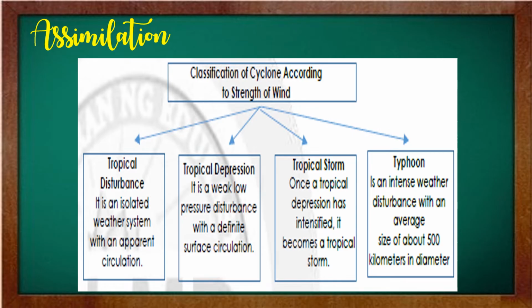A tropical depression is a weak low-pressure disturbance with a definite surface circulation. Once a tropical depression has intensified, it becomes a tropical storm. And lastly, the typhoon is an intense weather disturbance with an average size of about 500 kilometers in diameter.